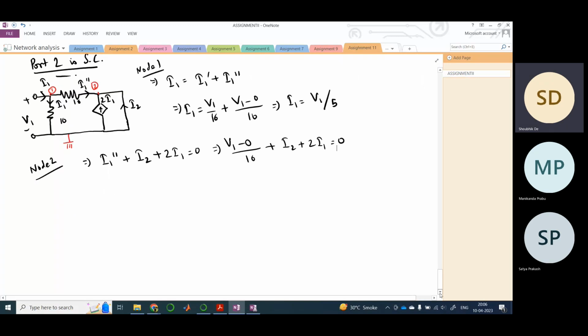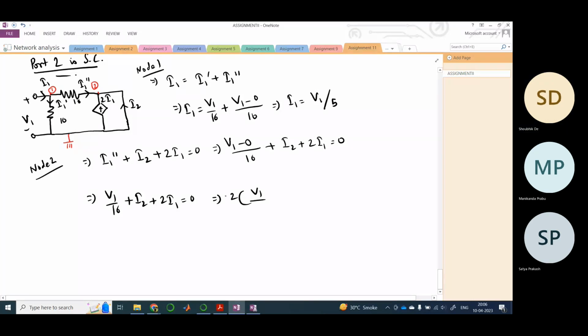So V1 by 10 plus I2 plus 2I1 equals 0. I made a mistake initially.